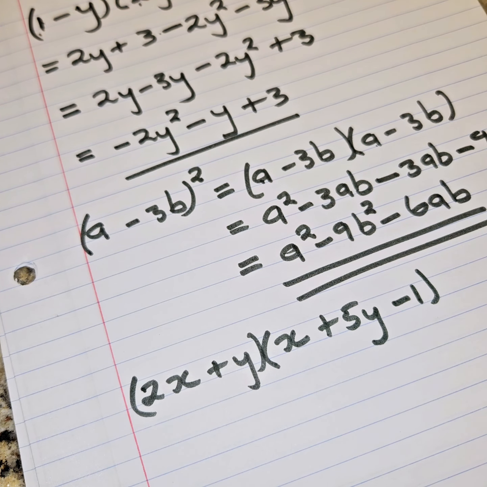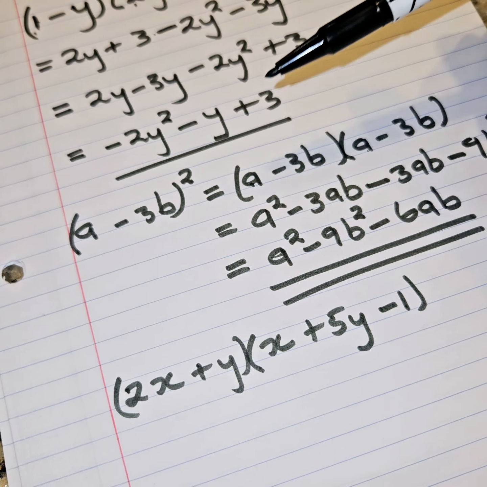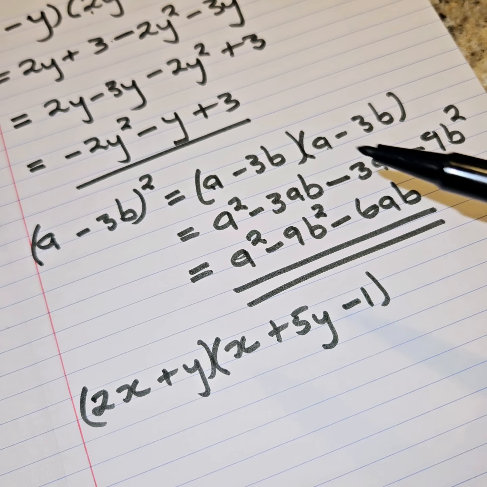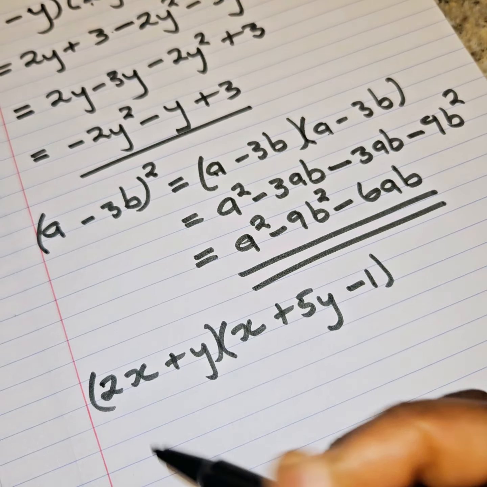So remember the two that I've done before only had 2 variables here. Now this has 3, but it's just the same thing. It's just a repetition of the same thing.